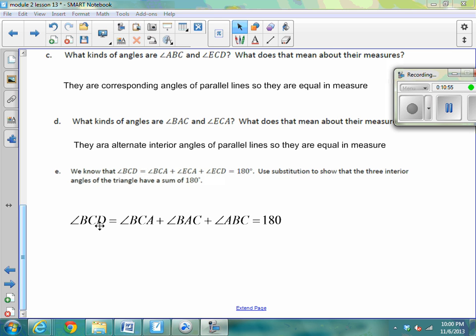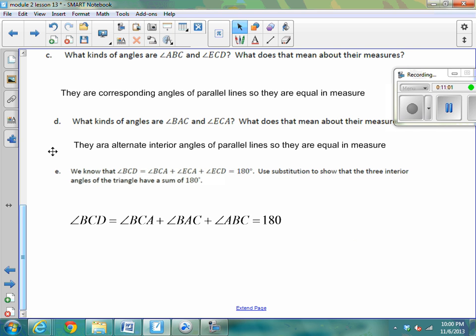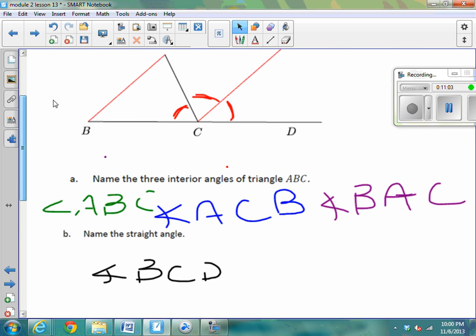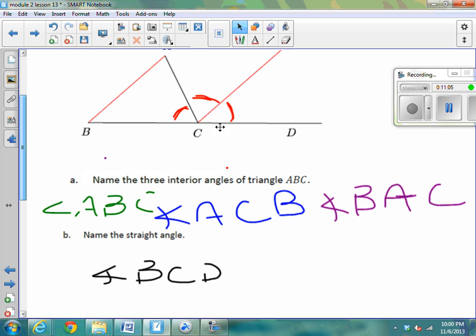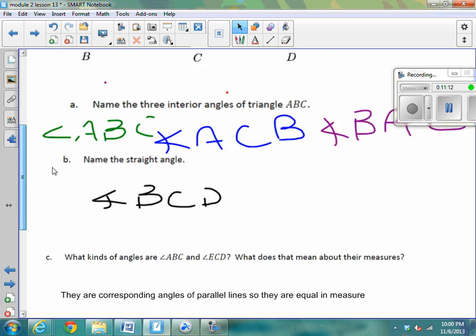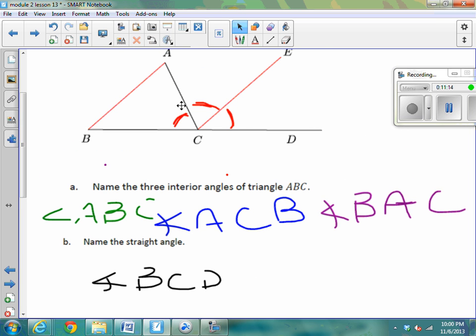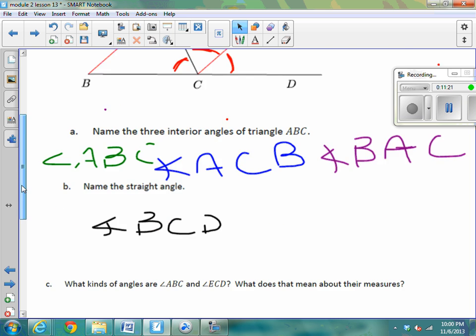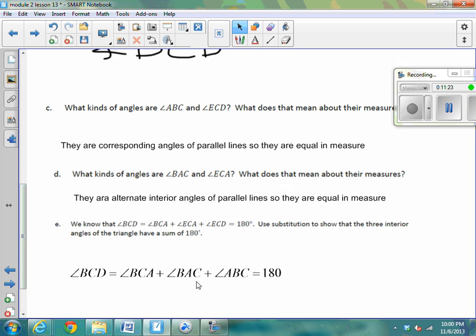So using substitution, the straight angle, which is BCD, BCD is the straight angle here. There's three angles here that make it up. So angle BCA, this one right here, that's on the interior in the triangle, plus angle BAC.